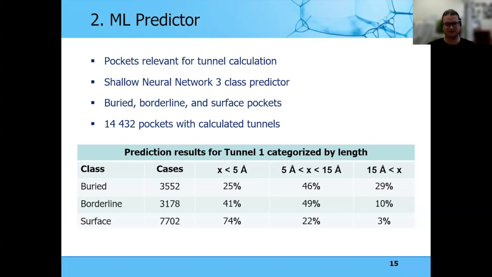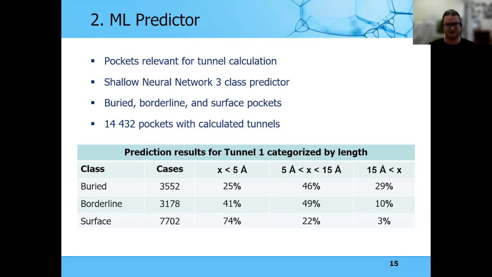After training the predictors, we applied the predictor on all the 14,000 cases where we had the tunnels to see if the predictor also works well. In this case, we can see that the result was pretty good.